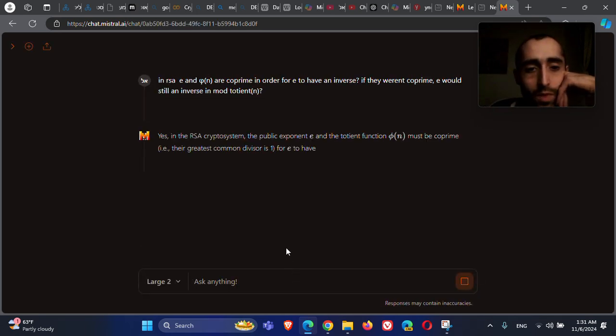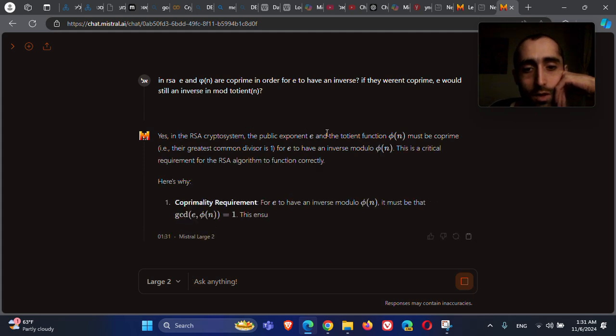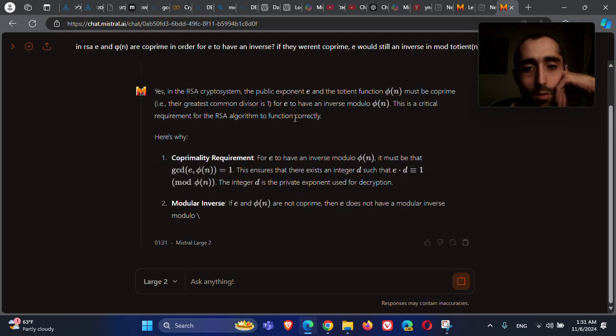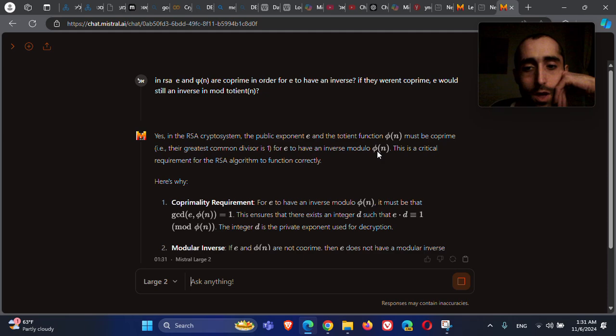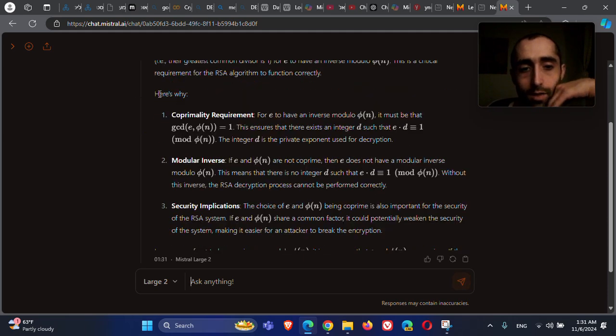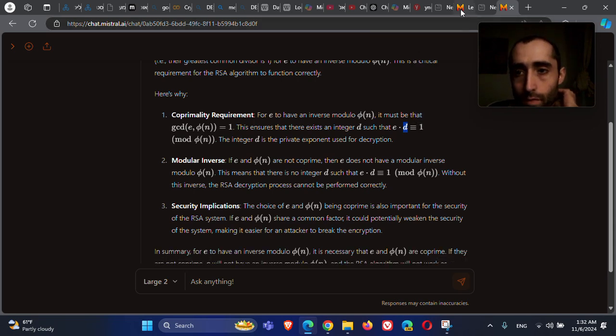I think this is the reason why we need them to be coprime. Yes, the public exponent e and the totient of n must be coprime for e to have an inverse modulo the totient. This is a critical requirement for the RSA algorithm to function correctly. This is why we need them to be coprime, so that e has an inverse, which is d, the important d for decryption, modulo the totient of n.